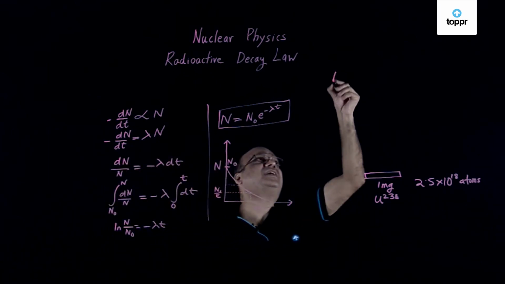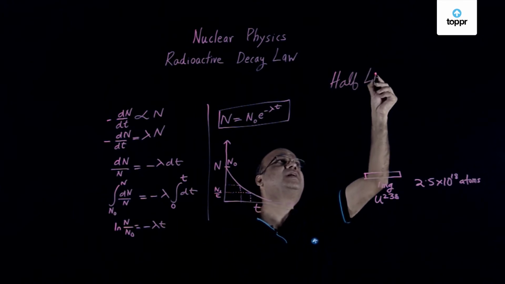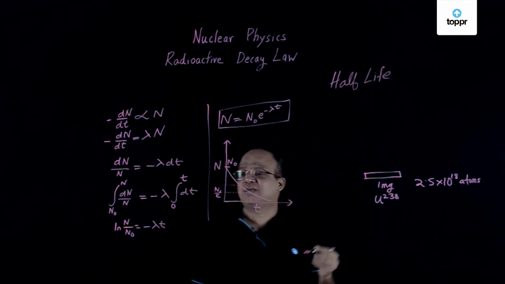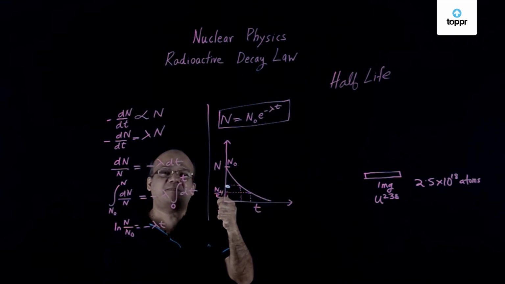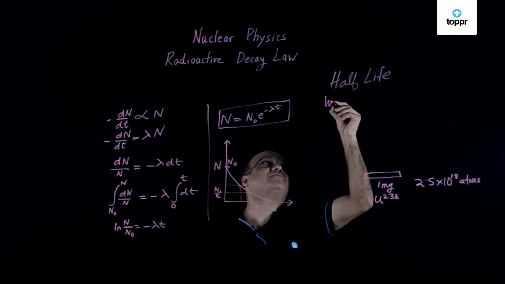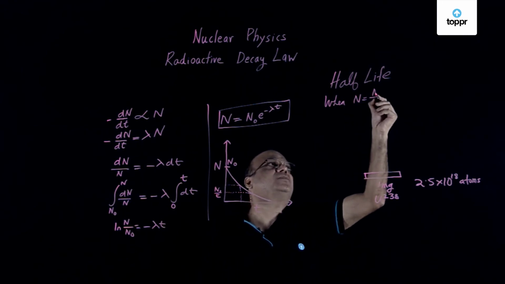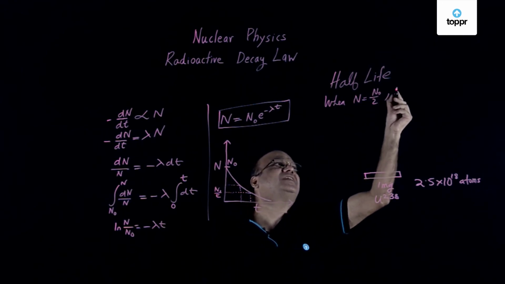So let's try to understand half-life. Half-life means what? When the number is becoming N naught by 2, then t is T half. When N is N naught by 2, the time is called T half.